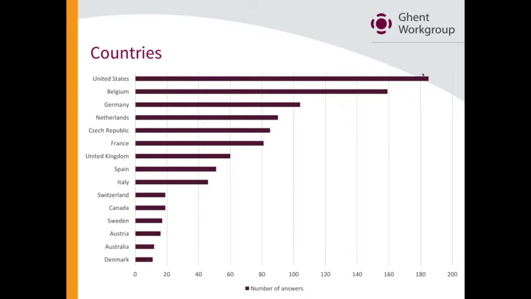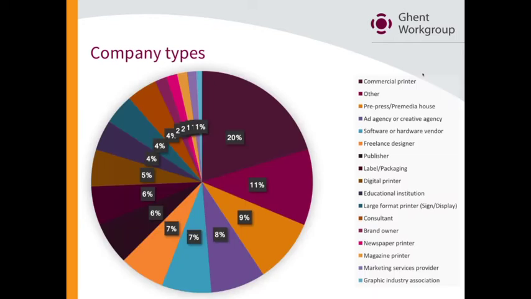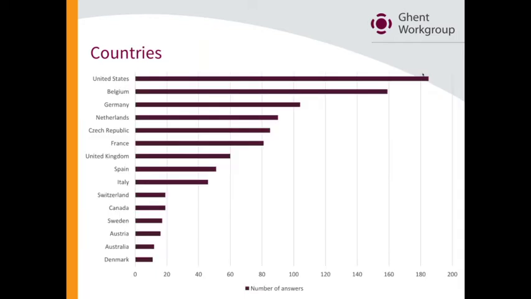You also see that the Czech Republic scores very high, and this is likely due to a lot of advertising going on by some people in the Czech Republic, but also the translation into Czech will almost certainly have played an important role.